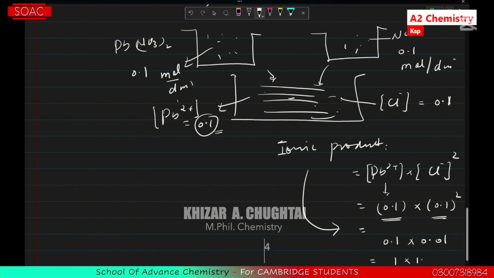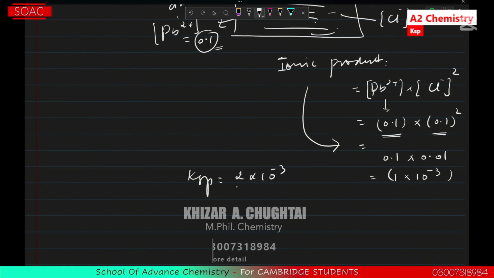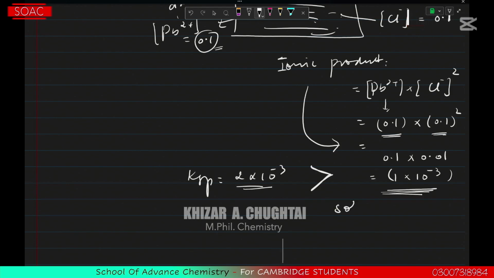And you know its solubility product, Ksp? The value of Ksp is equal to 2 into 10 raised to power minus 3. So in this case, the value of Ksp is bigger than the ionic product, so this concentration will remain soluble.